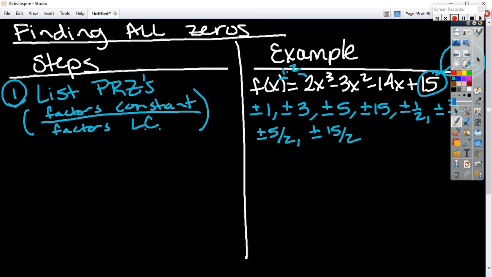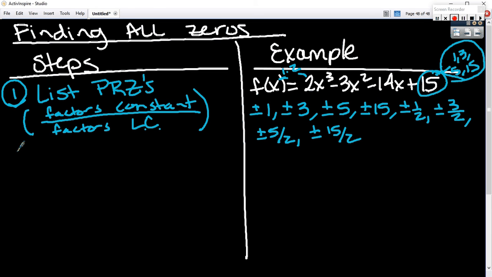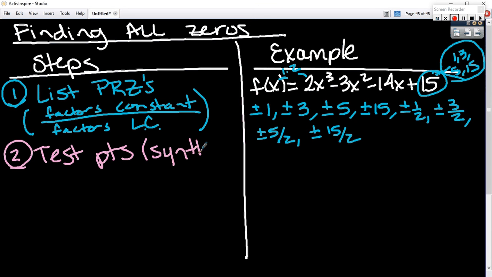Now comes the guess and check kind of part. We're going to test points. So, I got a question. Yes. First number, that's what you always divide PRZ by? Yes. Yep. So it's constant divided by leading coefficient.